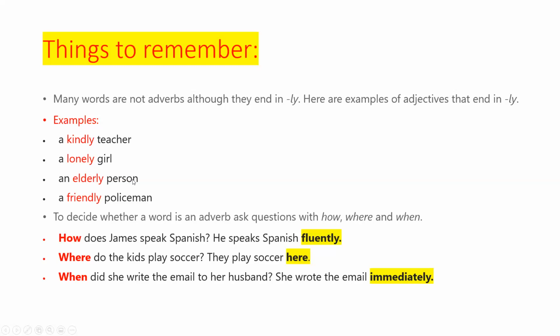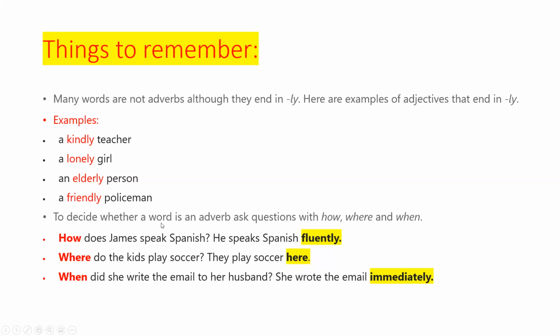Elderly person, elderly is modifying person, that is a noun. Friendly policeman. Friendly is modifying a noun, policeman. So these words, even though they finish in ly, are adjectives because they are modifying a noun.